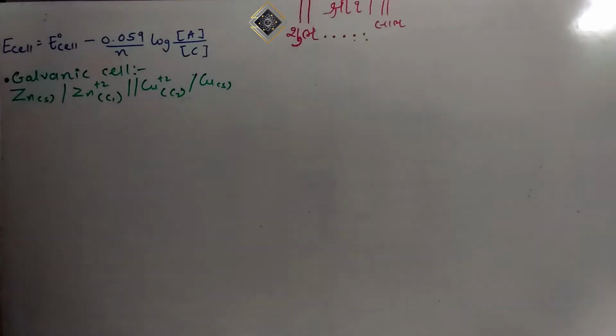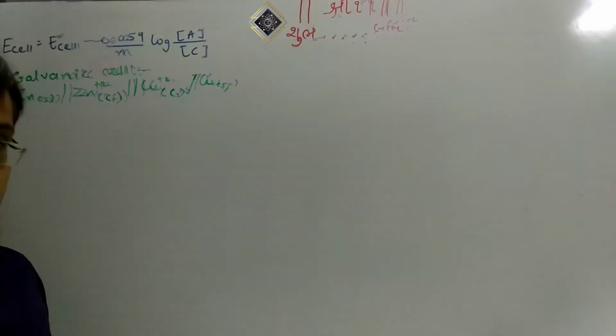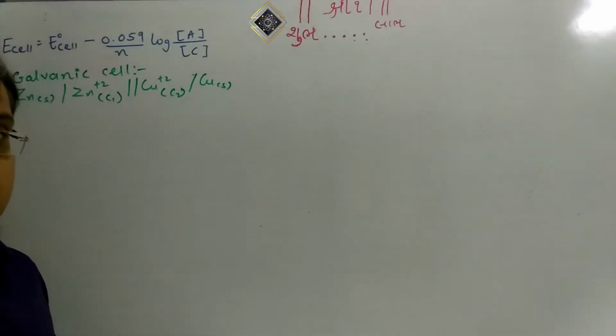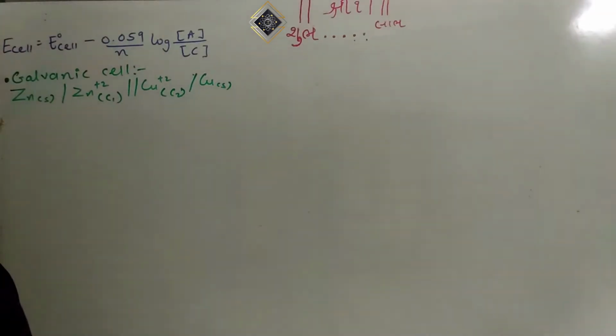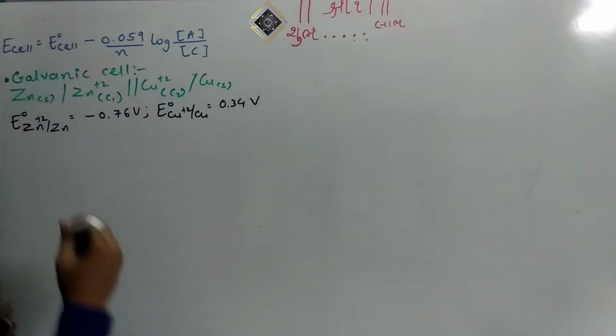Or if you don't know whether the potential values are given in oxidation form or reduction form, then we have to check it, right? How can we check? In the topic of cell potential we already studied. Okay, I am just writing down the reduction potential of both the half cells. First step is calculate the E0 cell, that is the standard cell potential.